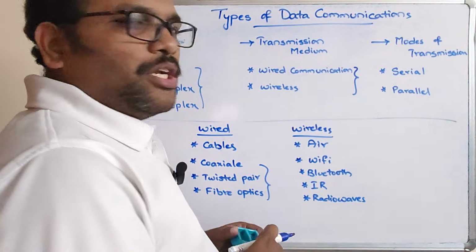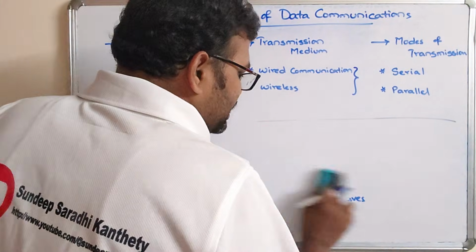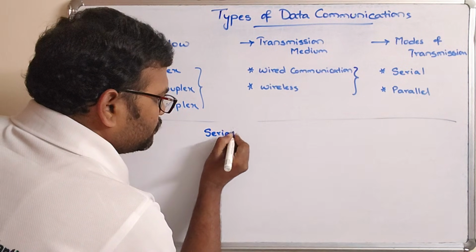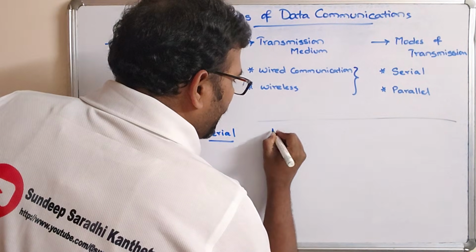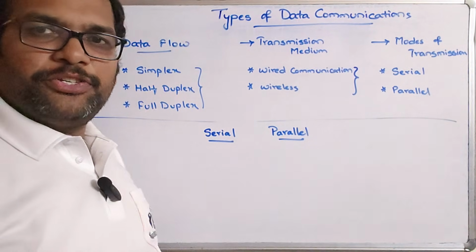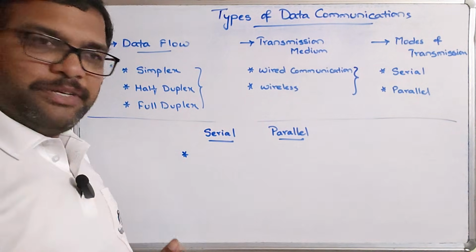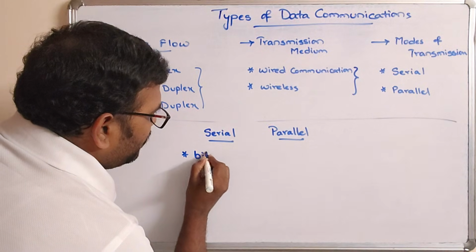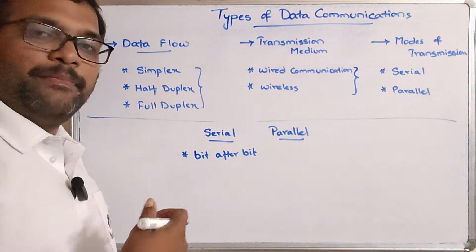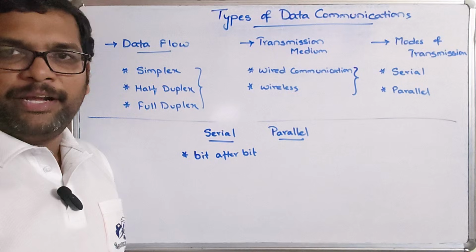And the next one is the modes of transmission. Based upon the modes of transmission, there is serial transmission and the parallel transmission. In serial transmission the data will be transmitted bit after bit, or simply bit by bit. Once one bit is transferred, only then will the next bit be transferred.